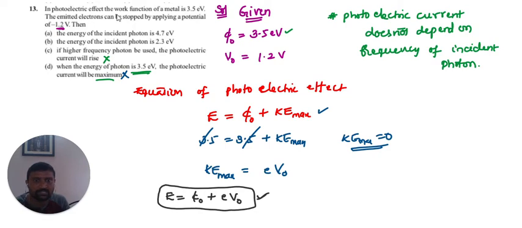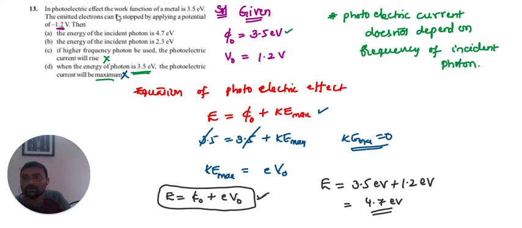So E equals phi naught, given as 3.5 electron volt, plus eV naught. V naught is 1.2, so eV naught becomes 1.2 electron volt. Then our answer is 4.7 electron volt. This is the answer. Now option A is correct.